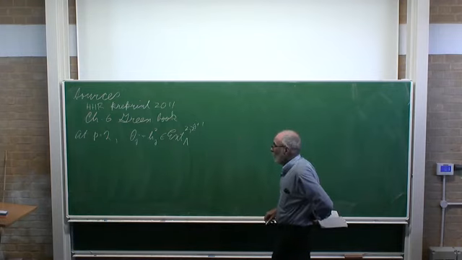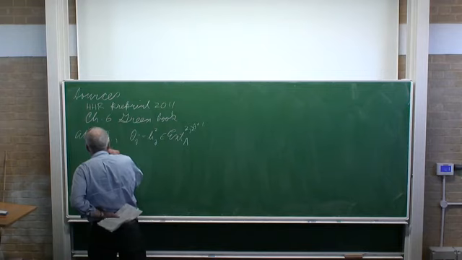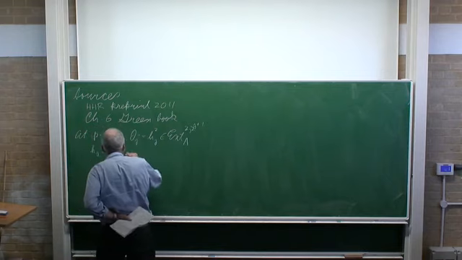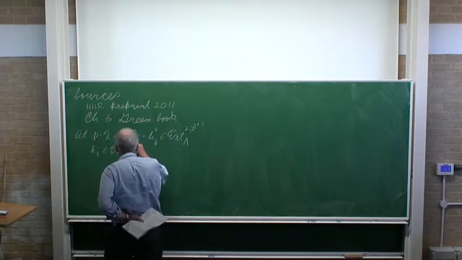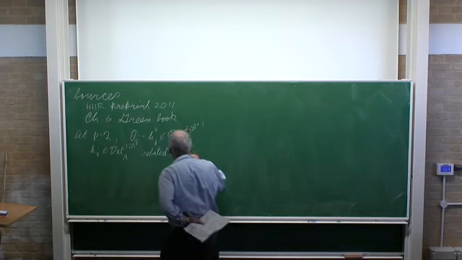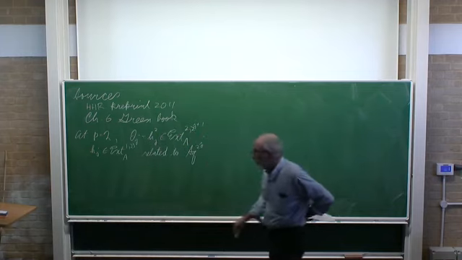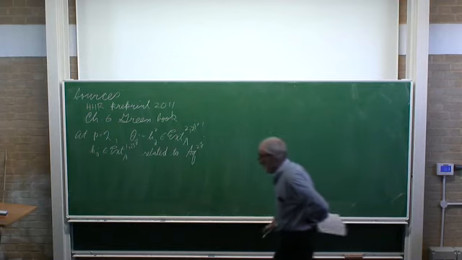And hj itself lives in Ext^1, 2 to the j, and it's related to the Steenrod operation, square 2 to the j.